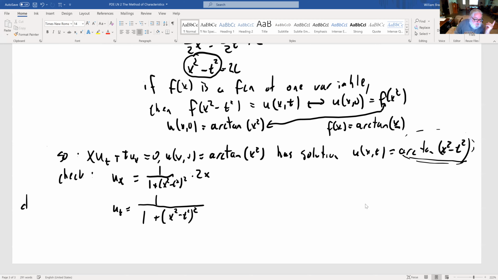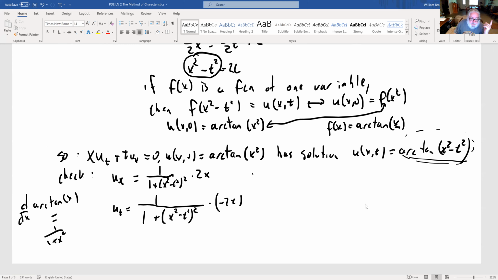I suppose I should write that out here on the side: the derivative of arctangent of x equals 1 over 1 plus x squared. So using the chain rule again, times minus 2t.